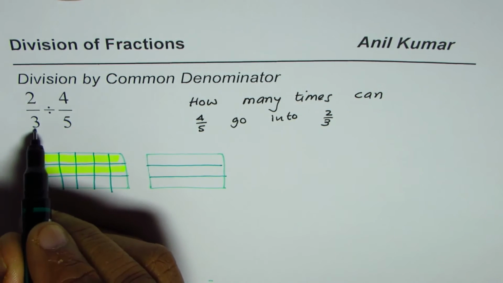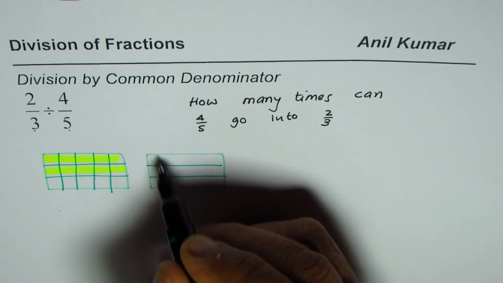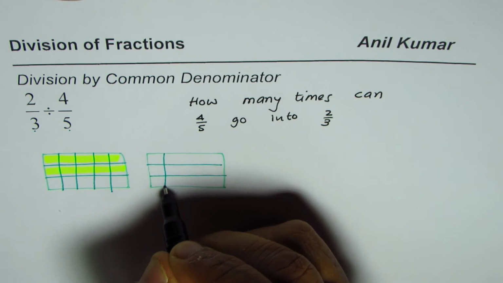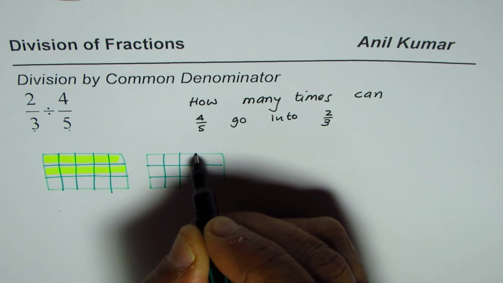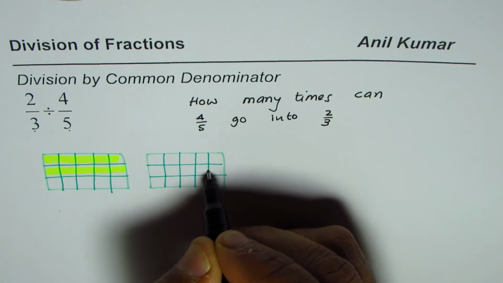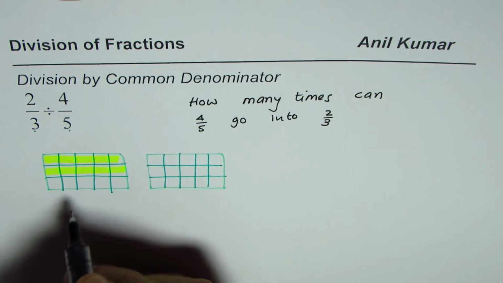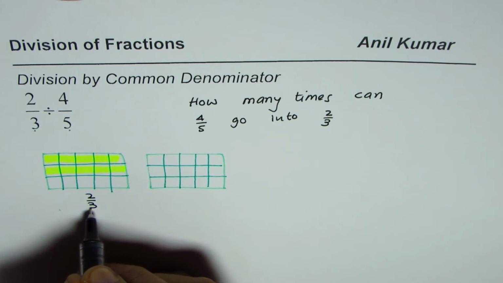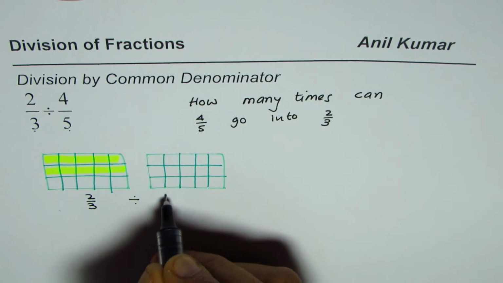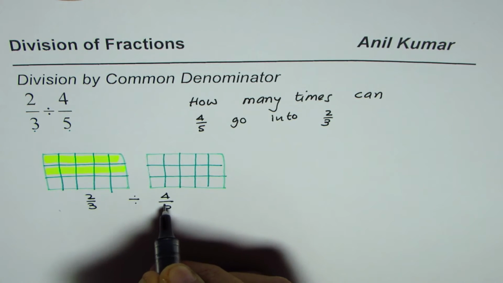So that is these 3 rows and 5 columns. We need to divide 2 over 3 by 4 over 5, correct?